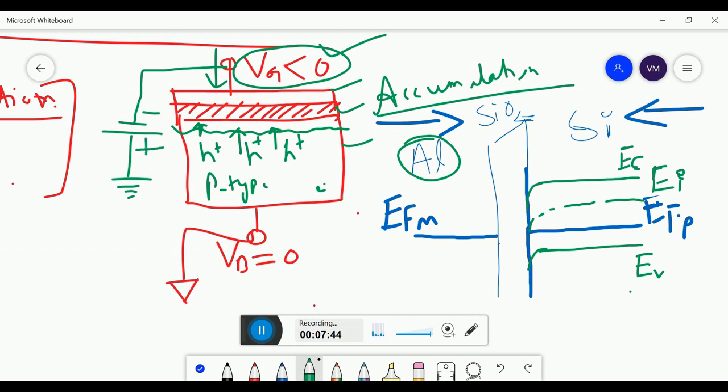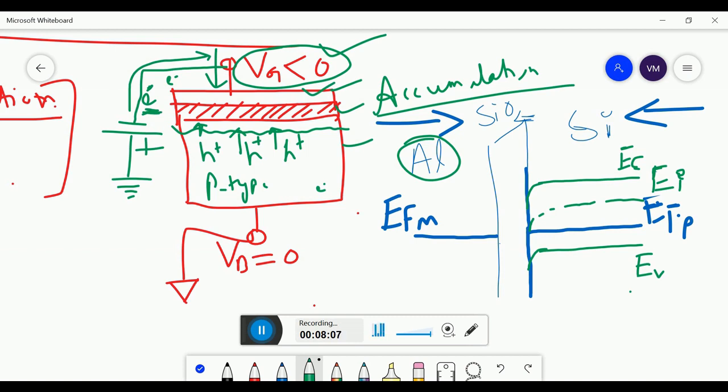The negative terminal of the battery provides electrons, so you are providing more electrons to the metal.